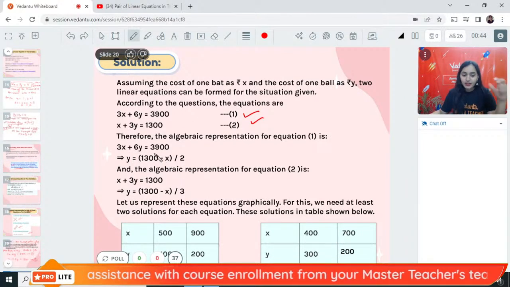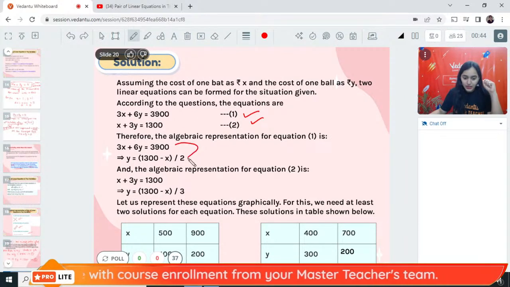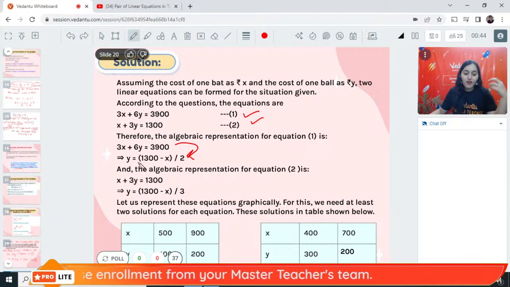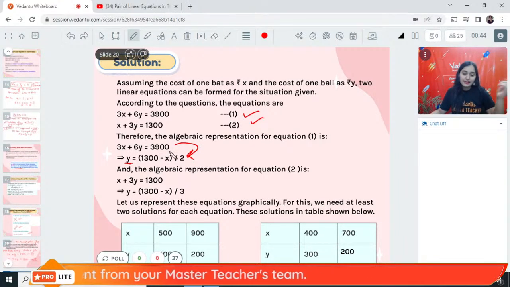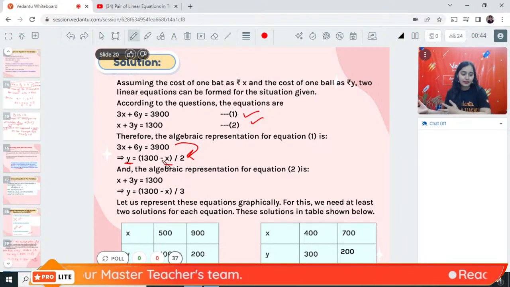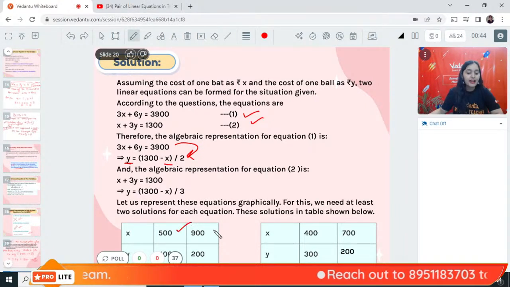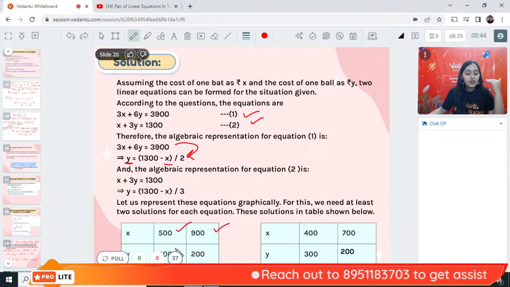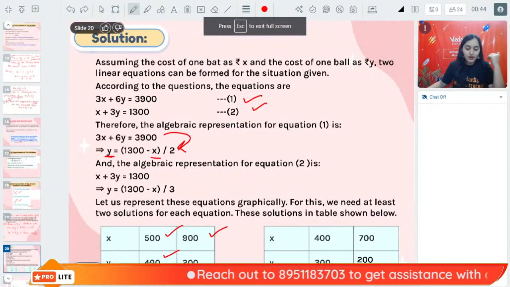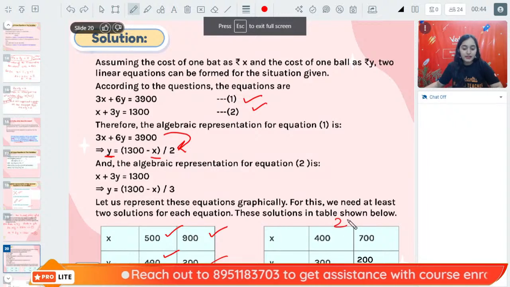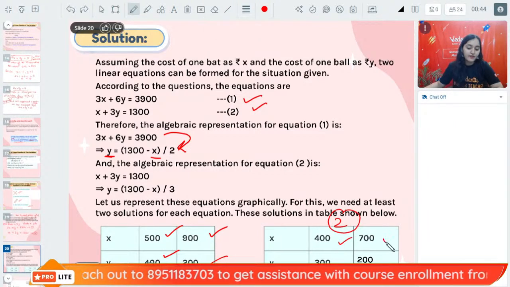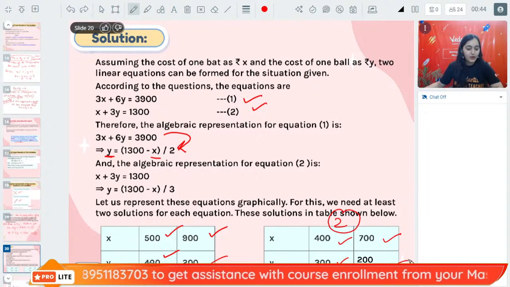You convert the equation into this form, one variable on one side, other variable on the other side. Now you substitute the value of x and find out the value of y. Similarly for the second equation, substitute x, find out y.